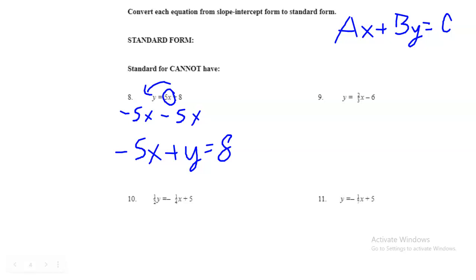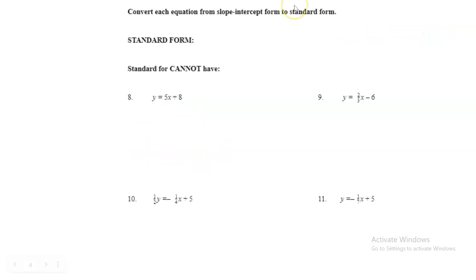Now if I have one like number 9 here, looks a little bit different. It's got fractions in it. When I do this one, okay, I want to move this 2/3 x over to the other side. And then when I do that, I want to try and get rid of that fraction. So we're going to see how we do that.